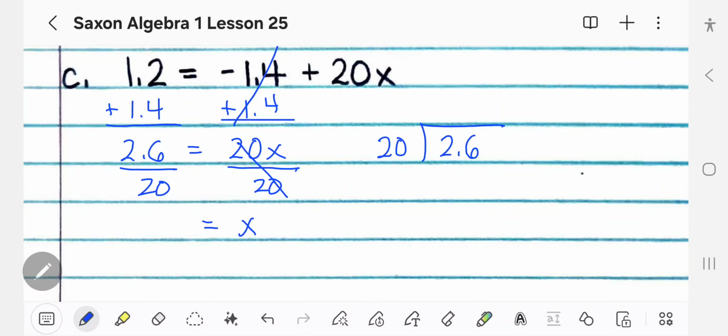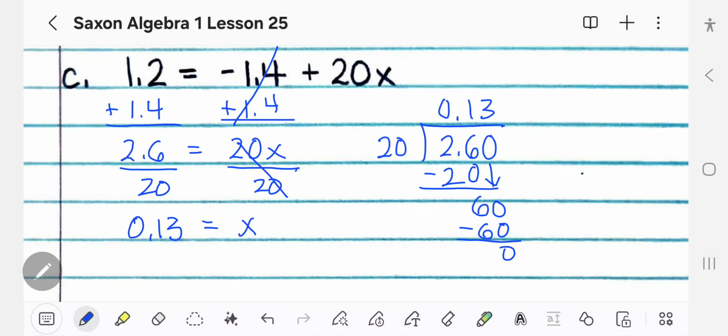We can do that. 20 won't go into 2. Bring up the decimal. 20 will go into 26. It'll go in there one time. And then 20, let's see, I got to add a 0 and bring it down. 20 will go into 60 3 times. And we'll get 0.13 or 13 hundredths.